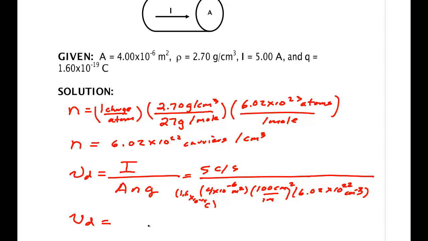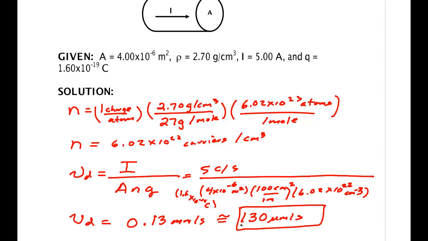You put all that in and you get 0.13 millimeters per second, or 130 microns per second.